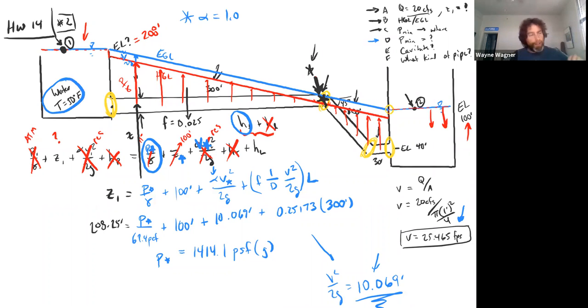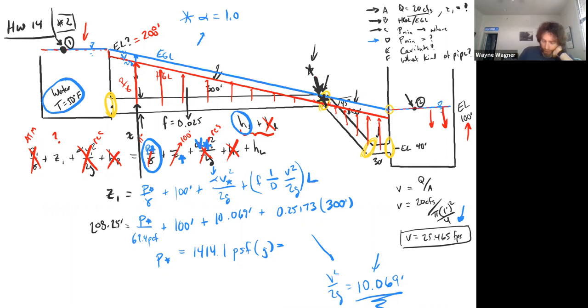Well, there's two reasons, that and to get the viscosity for calculating the Reynolds number up here. So I'm going to go ahead and convert that to absolute. The atmospheric pressure in PSF is 14.7 times 144, which is 2116.